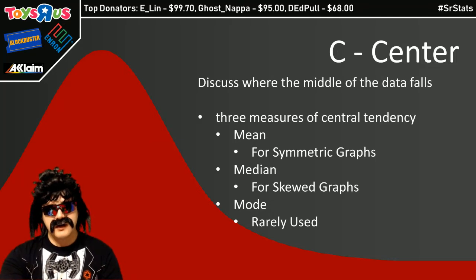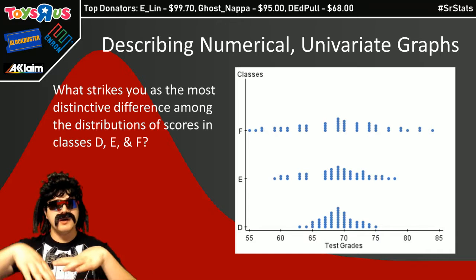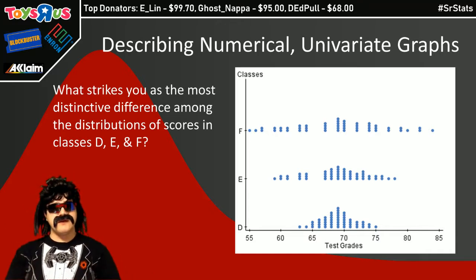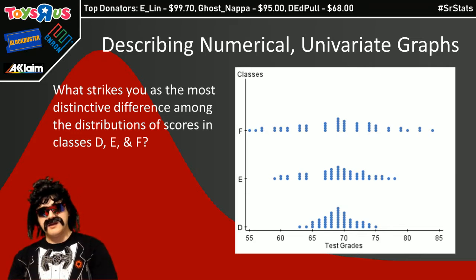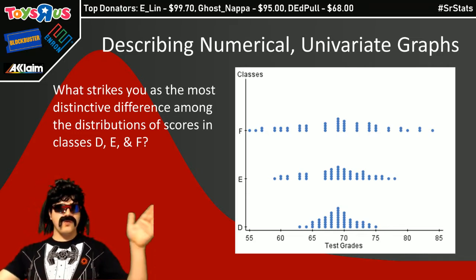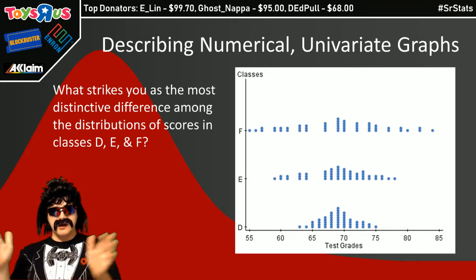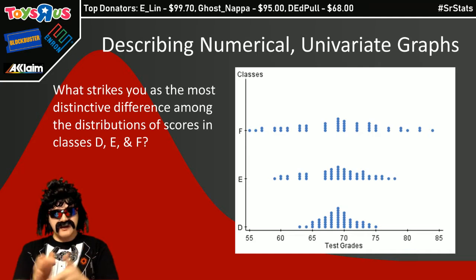Alright, so now let's look at this one. What strikes the most distinct difference among the distributions of D, E, and F in this picture? Notice F goes wide, E closes in a little bit more, but D is definitely all tight in there.